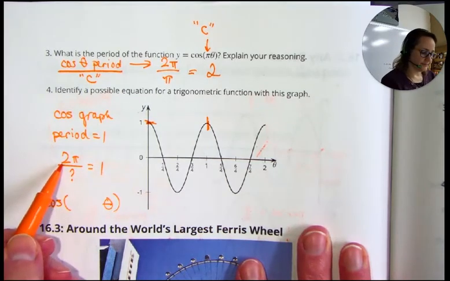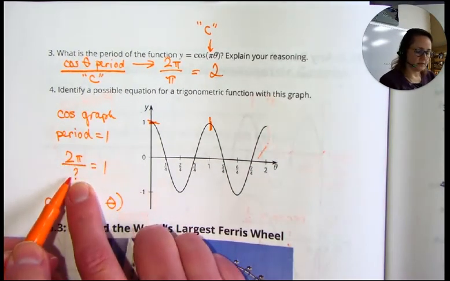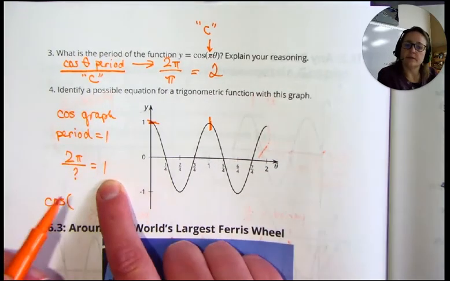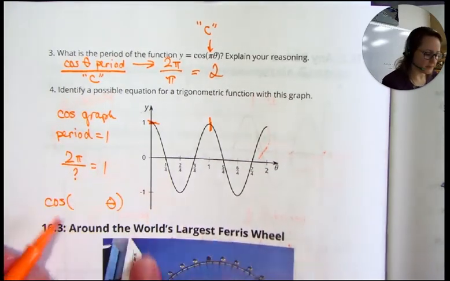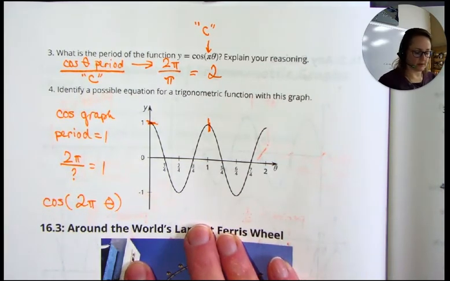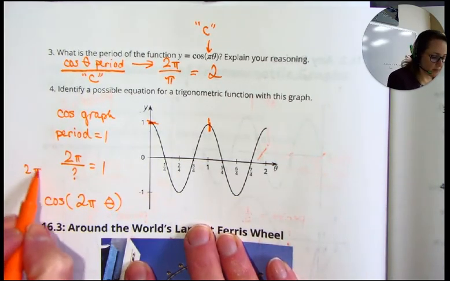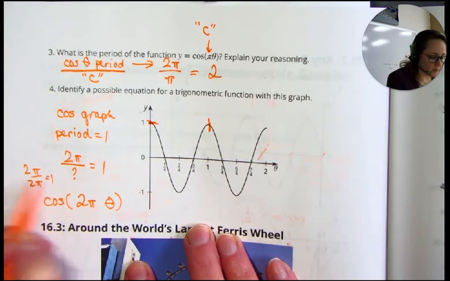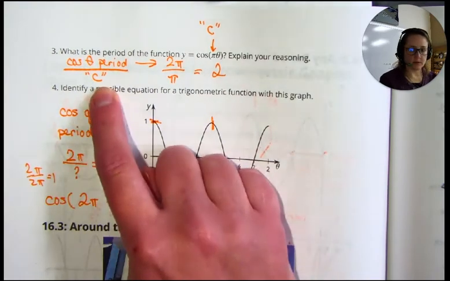So 2 pi divided by something to equal 1, anything divided by itself is 1. So we'd have to have a 2 pi right there, because 2 pi divided by 2 pi equals 1. Okay, and that was our c value.